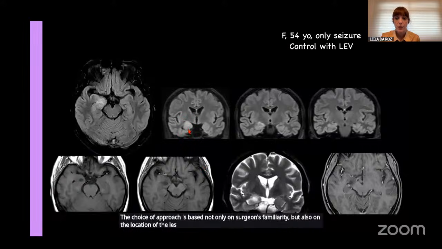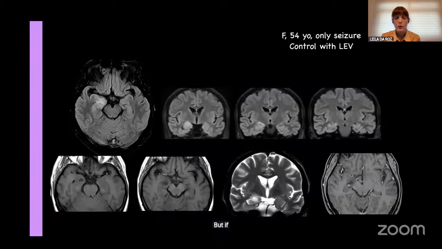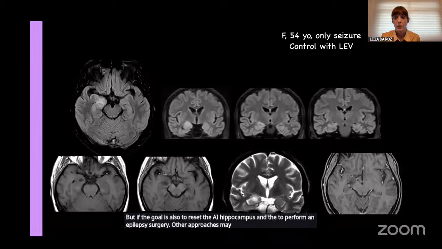In this case, for example, when dealing with a tumor, a transsylvian approach is often the most appropriate option. But if the goal is also to resect the hippocampus and to perform an epilepsy surgery, other approaches may be used depending on the specific case and surgical objectives.